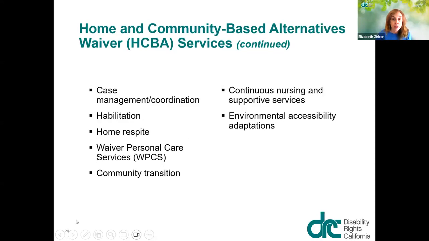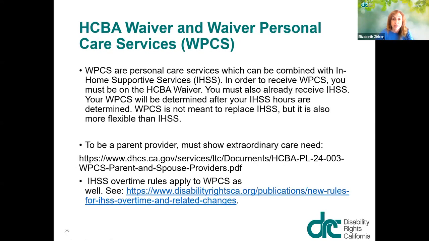Next slide, please. So in addition, case management and coordination, habilitation, home respite, waiver personal care services, community transition, continuous nursing and supportive services, and environmental accessibility adaptations. One very important service for waiver participants is waiver personal care services.